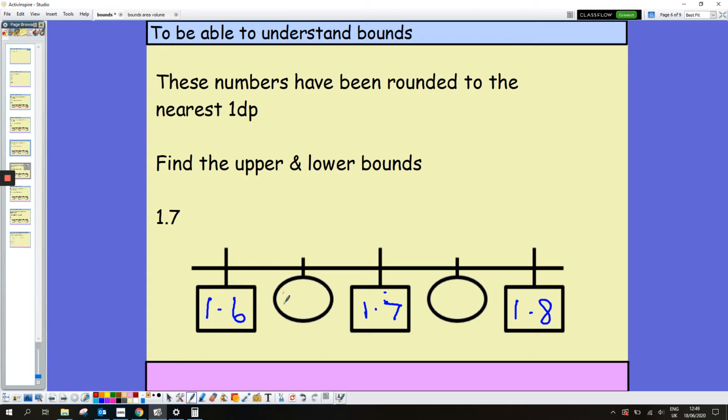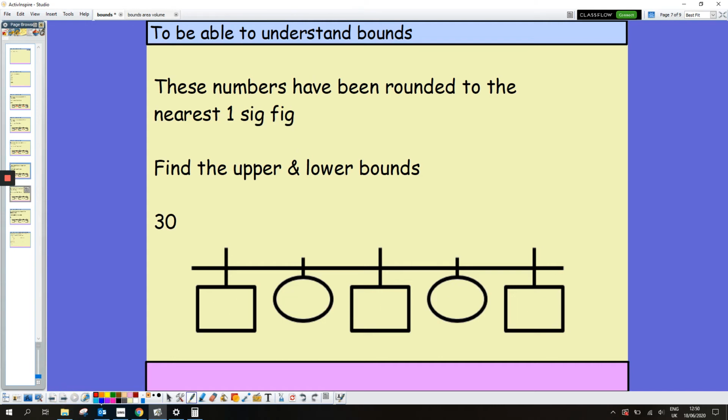So this one will be 1.65 and 1.75. I apologise, the pen's sometimes a little bit unresponsive. So upper and lower bounds for those are a little bit more tricky than whole numbers, but again, if you use the number line, it should help if you are a little bit unsure.